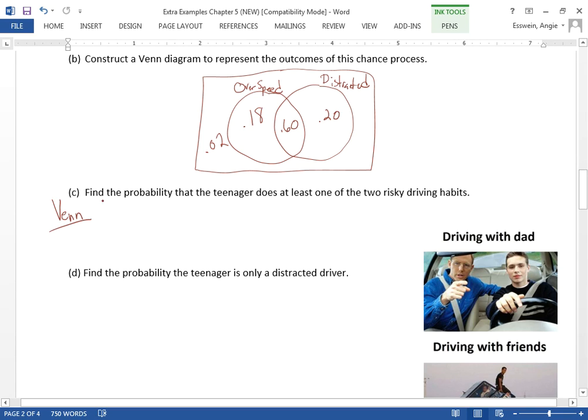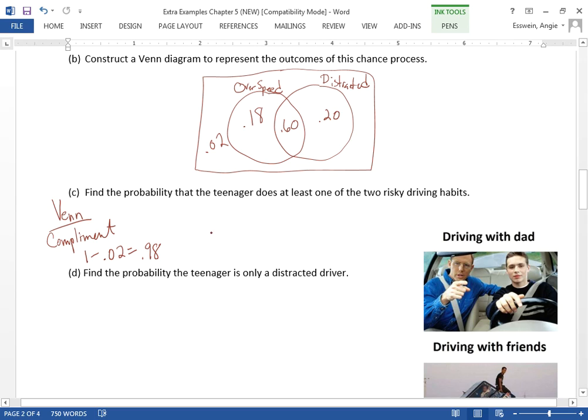Okay, so you could do the complement. I think that's what you're saying, Kyle, is just do 1 minus 0.02. I like that because we could use the complement rule, and that is also a formula. Those are the people that don't do either, and that's 0.98.